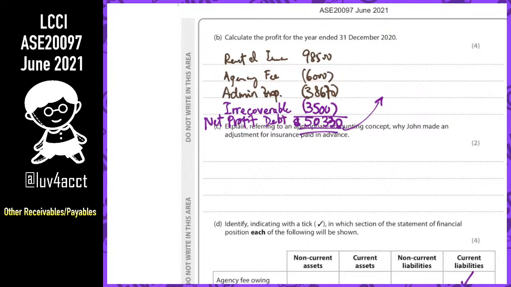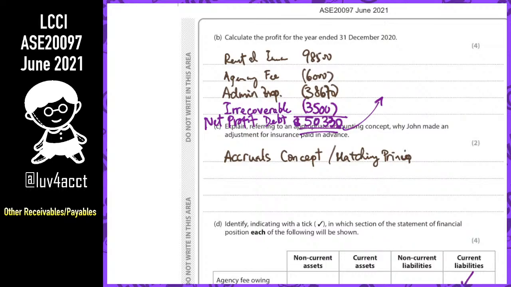So we have 1 short question remaining, 2 marks. Explain, referring to an appropriate accounting concept, why John made an adjustment for insurance paid in advance. Prepayment. Of course, we always give the accounting concept, the accruals concept, or you can also say matching principle.